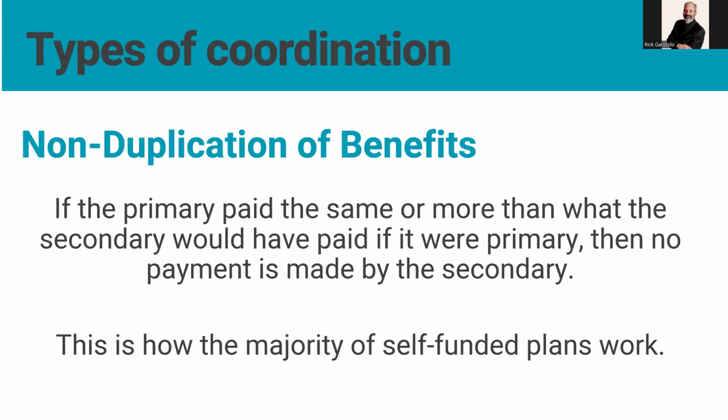They will not pay a penny if the primary has already paid their full allowed fee or full allowed percentage of a fee. So, where that primary has 50% coverage, if the primary paid the 50%, then this secondary plan is going to pay zero, and the patient's going to owe the 50% based on the lowest allowed fee.